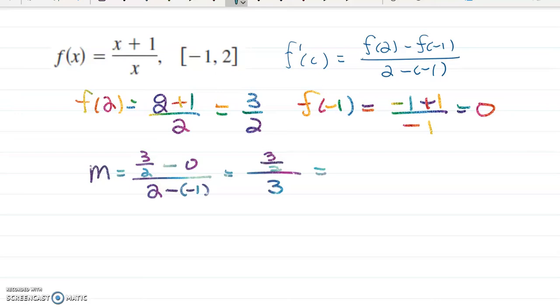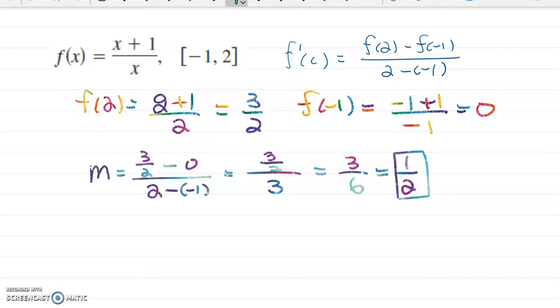Therefore, this becomes 3 over 6, equal to 1 over 2 basically. Okay, so we found the secant line slope becomes 1 over 2. Now we are finding the tangent line slope also 1 over 2.